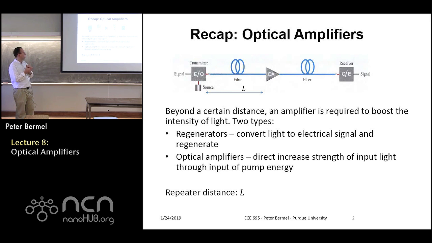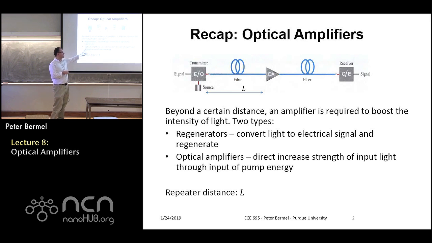The two types of amplifiers we talked about: first, regenerators, where you collect the signal and convert it to electricity, and then take that electricity and convert it back to optics. We said that can be done, but it's really slow after a while, and you may have to do that many times. The other way, which is more direct, is to directly amplify the signal based on the signal you already have.